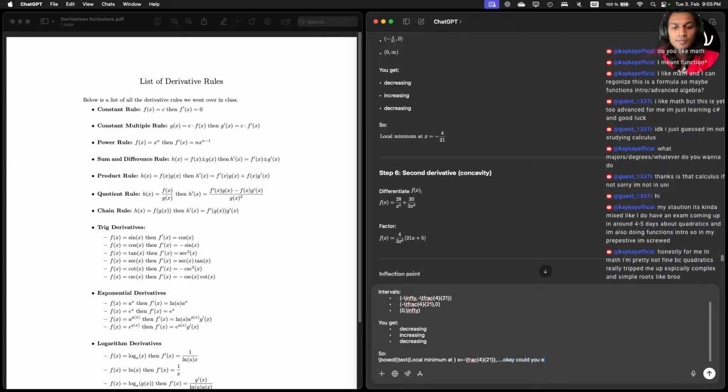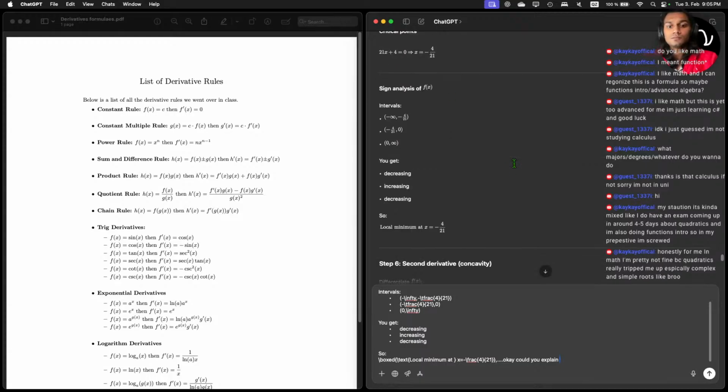Could you explain this part where the local minimum was chosen on what basis?